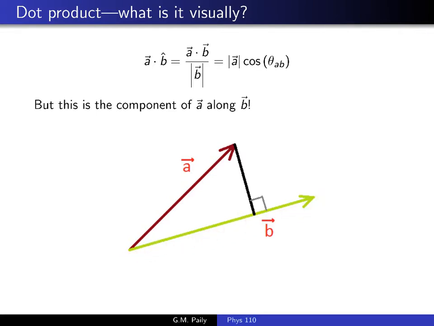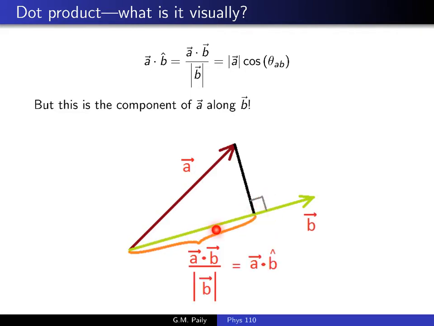Here I am projecting onto the B vector, so I draw a line which is perpendicular to the B vector, not perpendicular to the A vector, perpendicular to the B vector. In that case, this is the projection of A onto B.